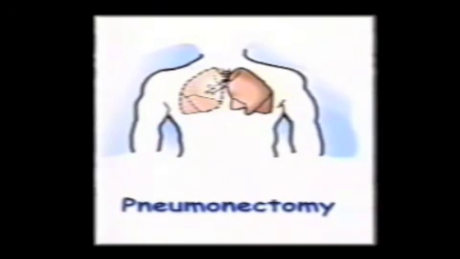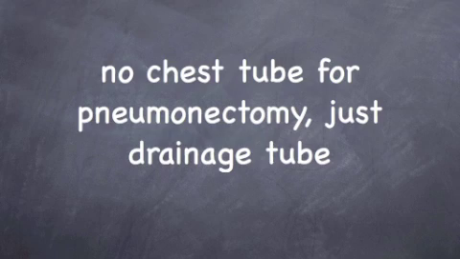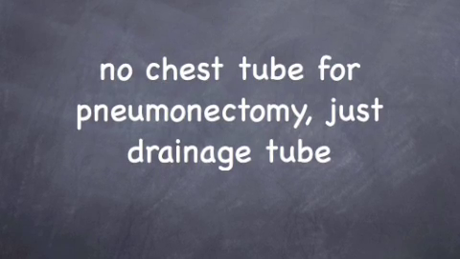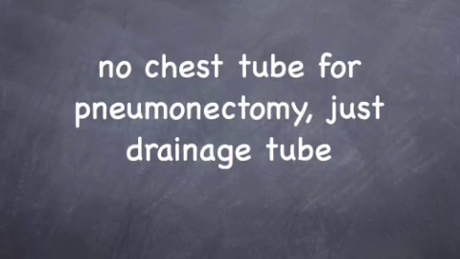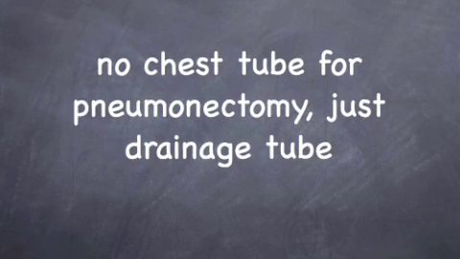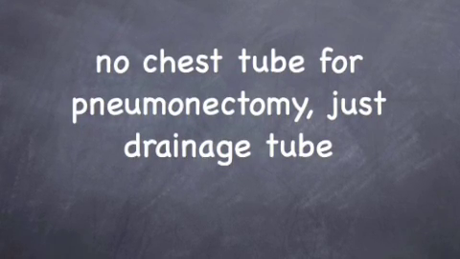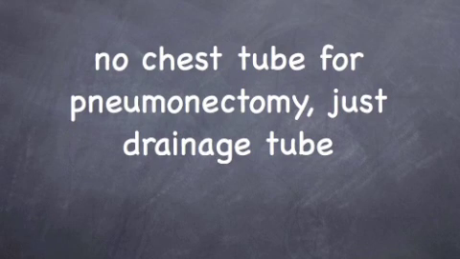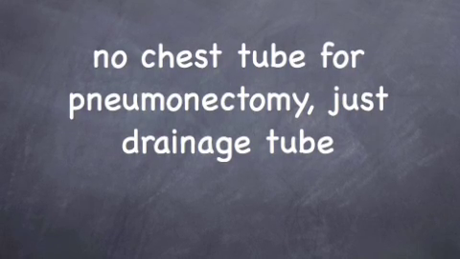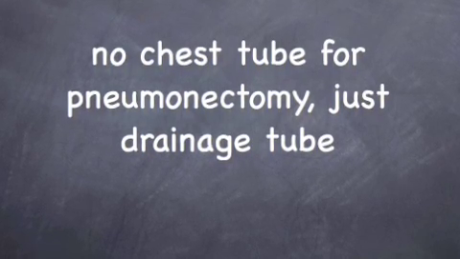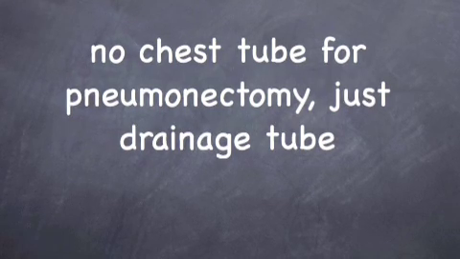A pneumonectomy means that you've removed the entire lung, and that's the only thing that I really want to talk about here, because remember that if you have a pneumonectomy, there would be no chest tube because there isn't any lung to expand. There isn't any lung. So there wouldn't be a chest tube. However, there may be a drainage tube. You may have a tube that will collect fluid or blood that has accumulated in the chest wall, but you would not have a chest tube.